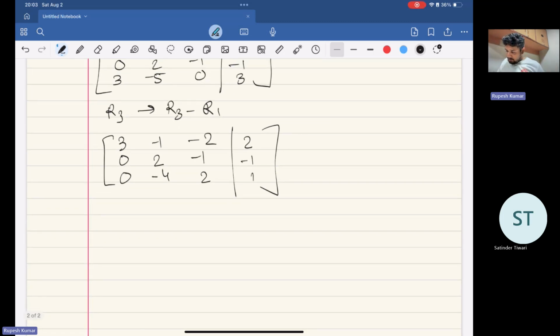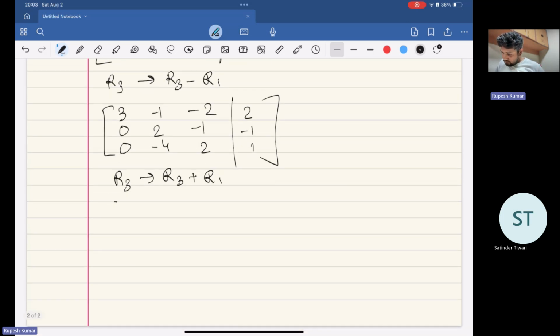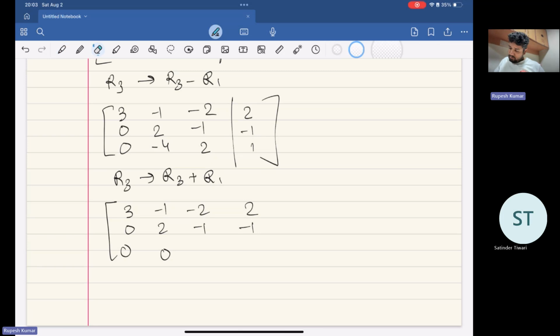Again, R3 replace it with R3 plus R1. Okay, I have made a mistake here.